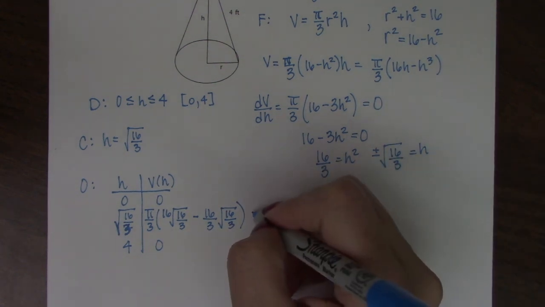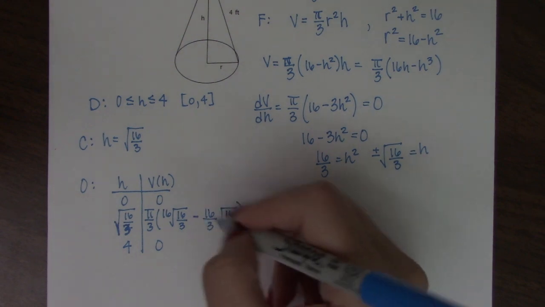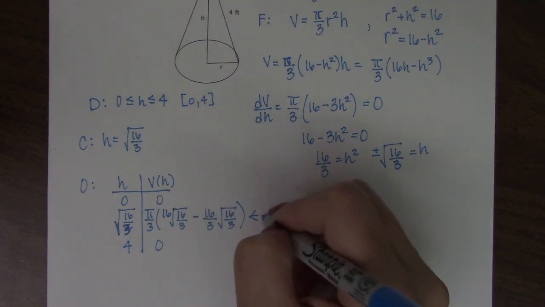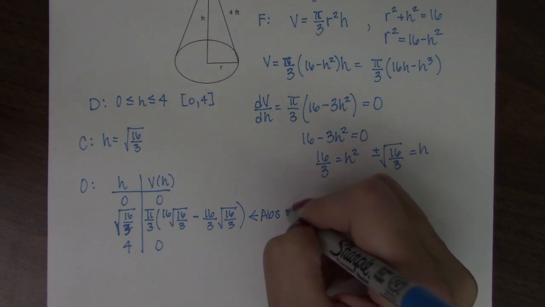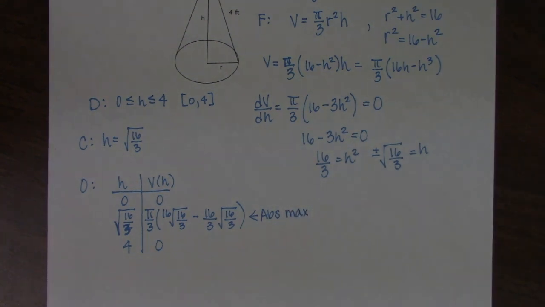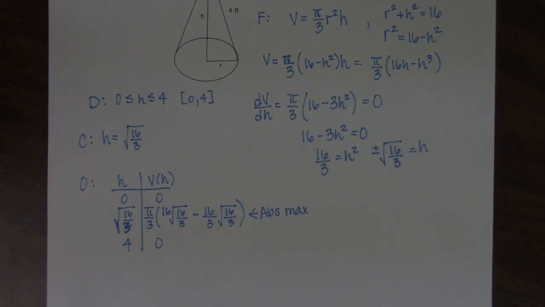This is, in fact, a positive value, right? It's definitely bigger than 0, so this is our absolute maximum on this interval.